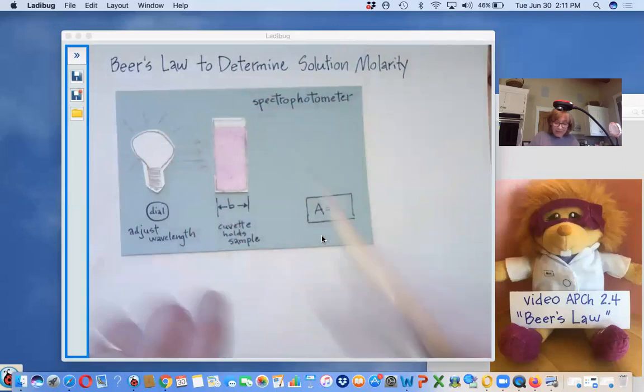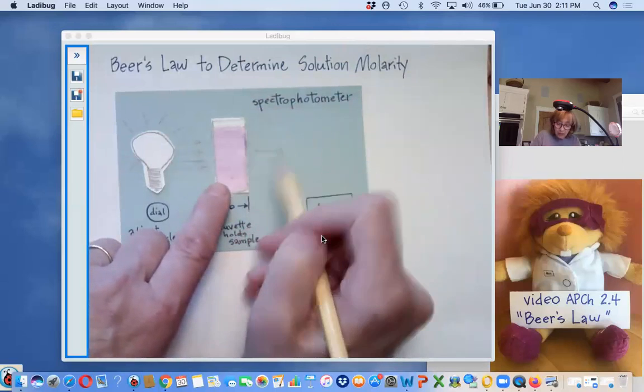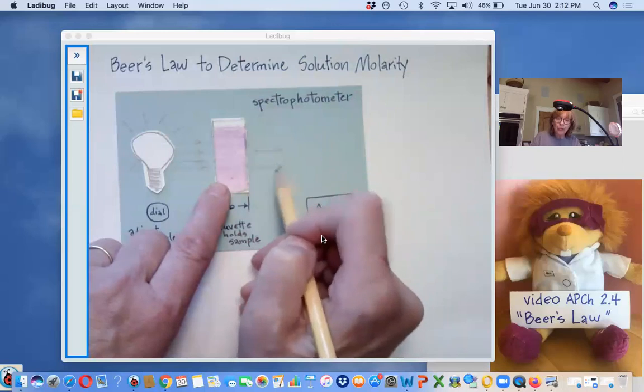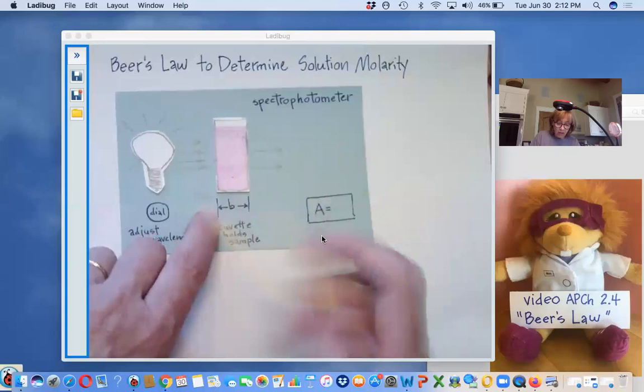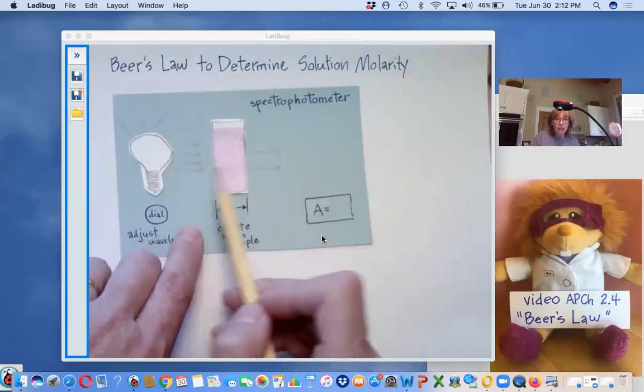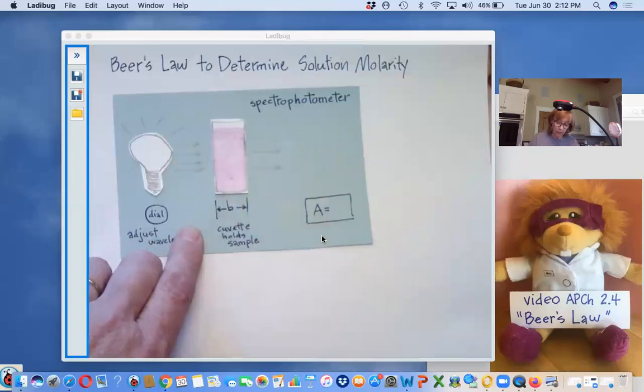And the more concentrated it is, the darker the color will be, and the more light will get absorbed. So you might only see a little bit of light transmitting through for this example. All of this light shone into the solution, but much of it was absorbed by the colored molecules.